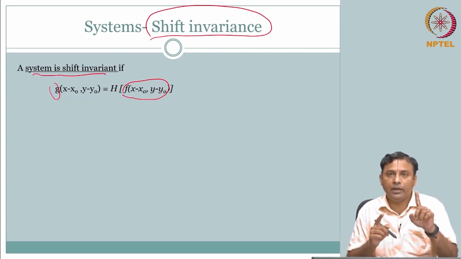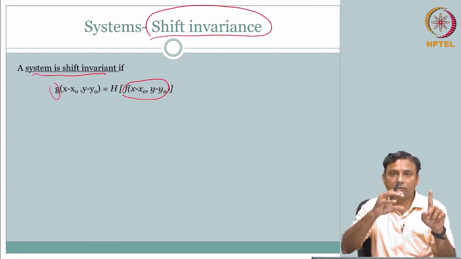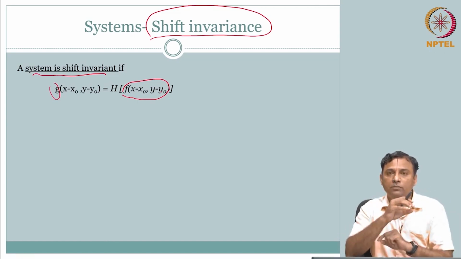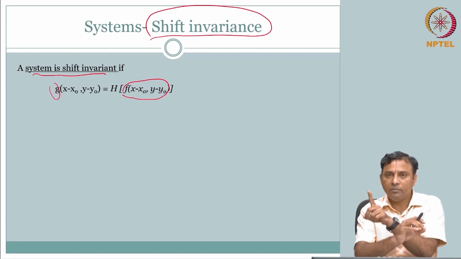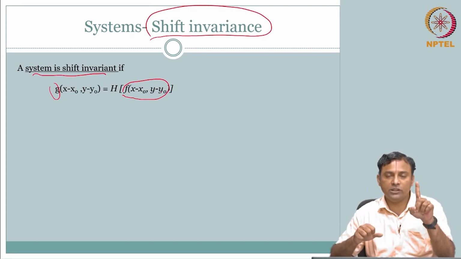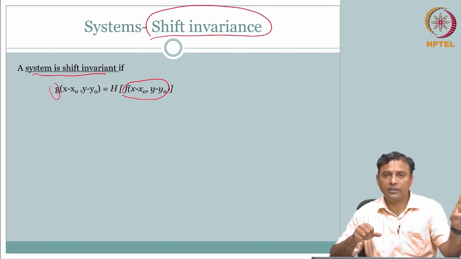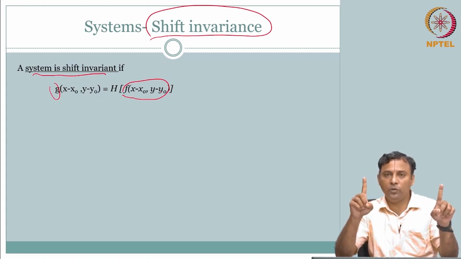I have an input, but now I am moving the input, shifting it in the input space, and then I have a system. So what comes out of the system? The output shifts by the same amount. So if I shift my input and present it through the system, my output moves exactly the same way.